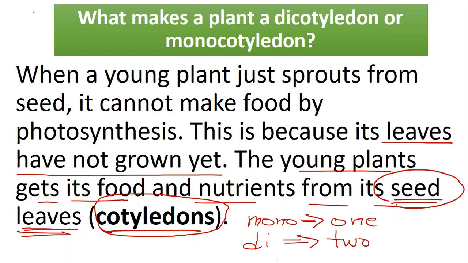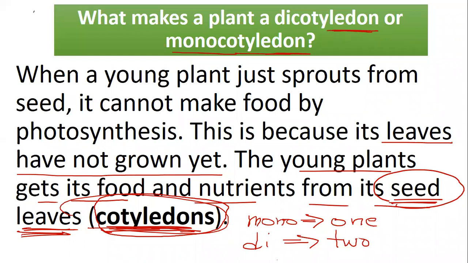I'm explaining here. The meaning of mono is 1. The meaning of di is 2. And you have the meaning of cotyledon here. Cotyledons means seed leaves. Now, you have the idea what is dicotyledon and monocotyledon. So we will continue our lesson on Monday.